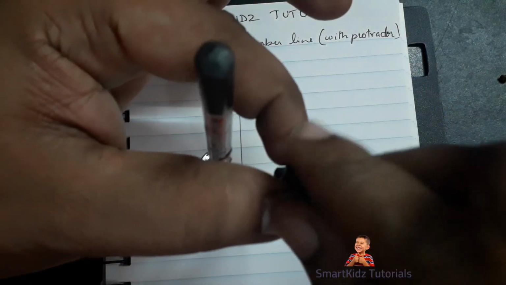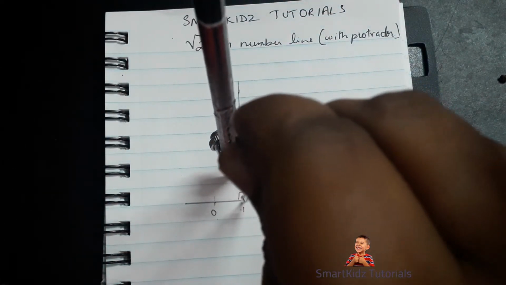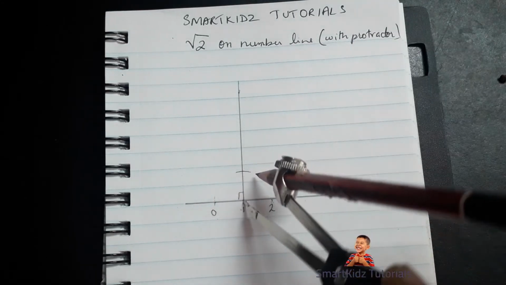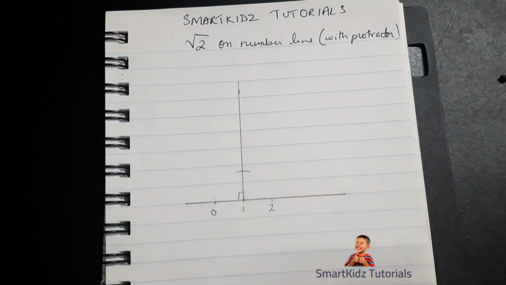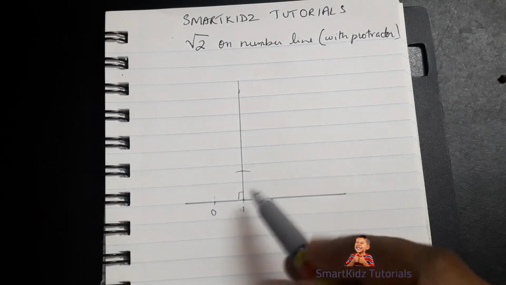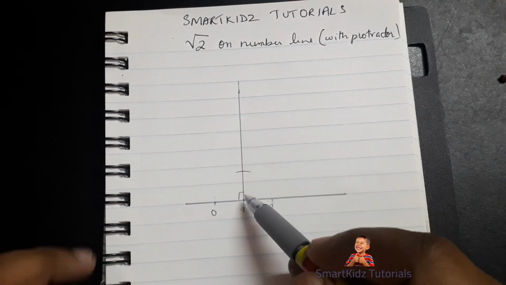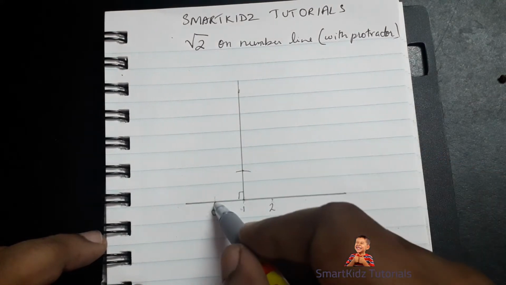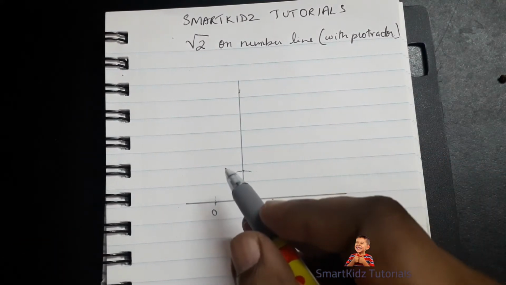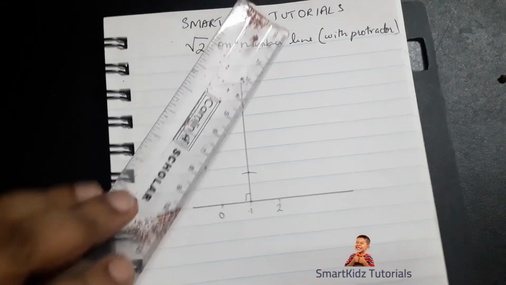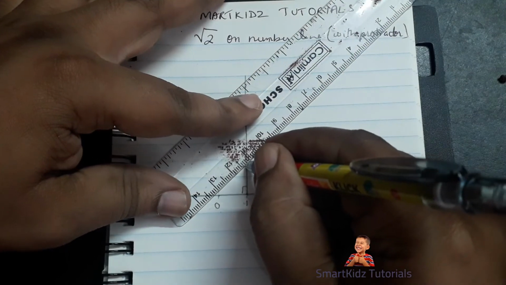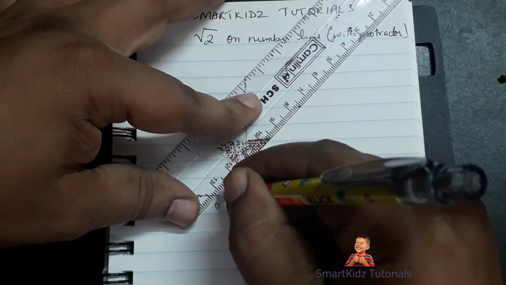I will draw an arc that cuts this perpendicular line this way. Now wherever this arc cuts the perpendicular line, I'll mark this point, and I'll join 0 to that point with the help of a ruler or a scale, this way.